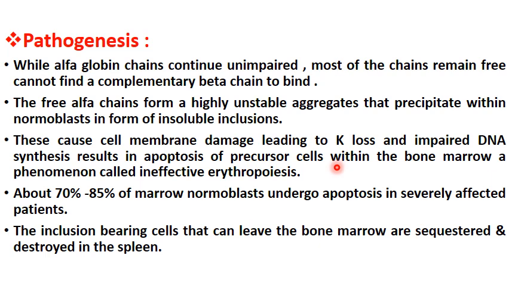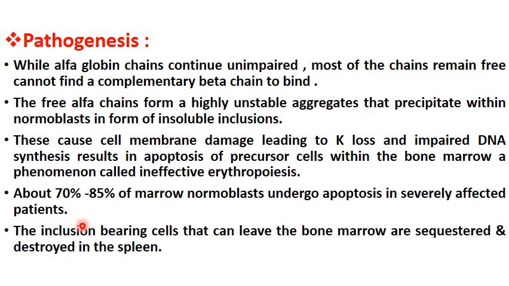So what is the result? Ineffective erythropoiesis. About 70 to 85 percent of the normoblasts undergo apoptosis in severely affected patients. The bone marrow is producing, but the cells are lost.